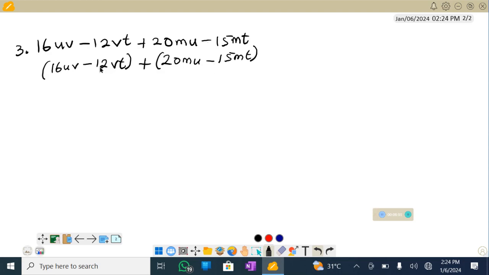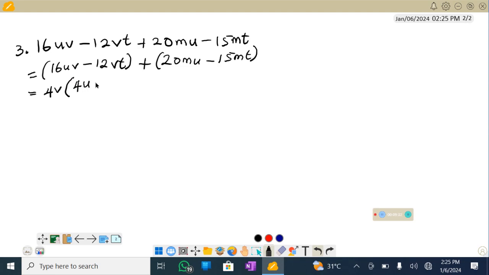So what do we have common here? 4 can divide this, 4 can divide this. So 4 is outside here. V is here, V is here. So V can divide both expressions. So V is outside here. So 16UV divided by 4V. V will cancel V here. 4 will divide 16, that will give us 4.